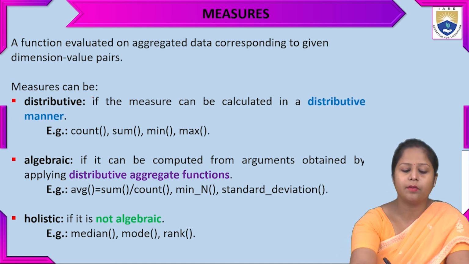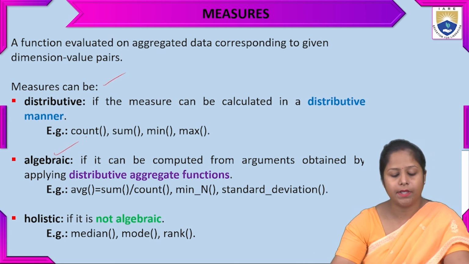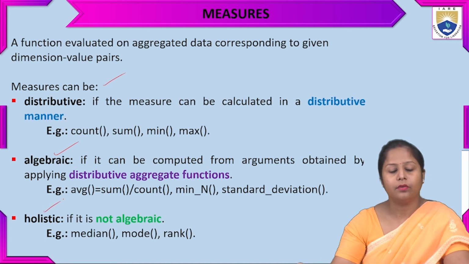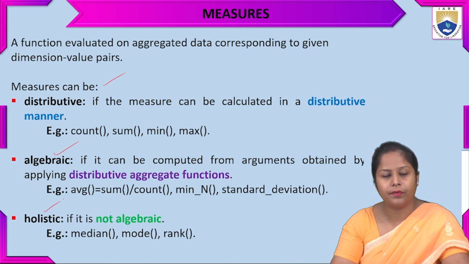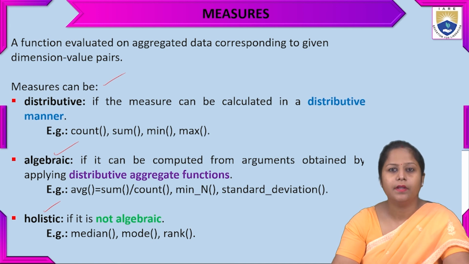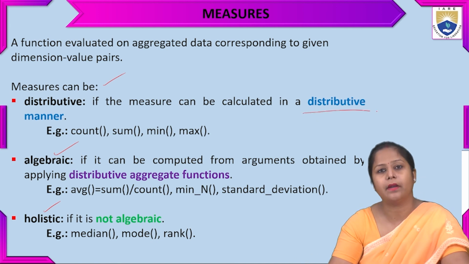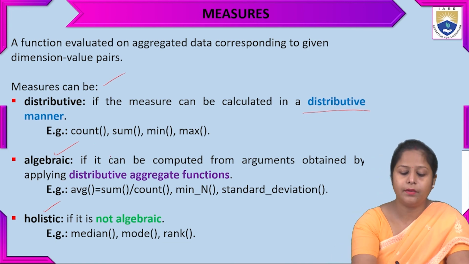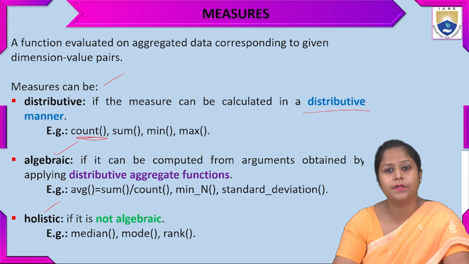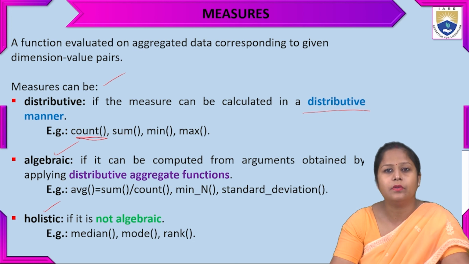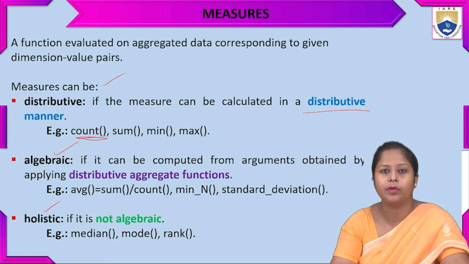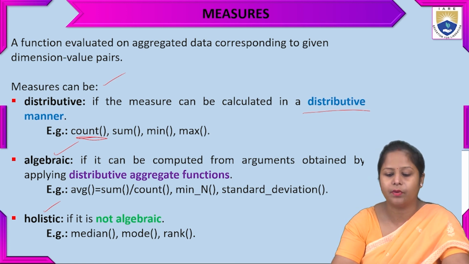The first is distributive, second is algebraic, and third is holistic. A measure is distributive if it can be calculated in a distributed manner. For example, count, sum, minimum, and max are the measures used for the calculations. So that will be the distributive measure.